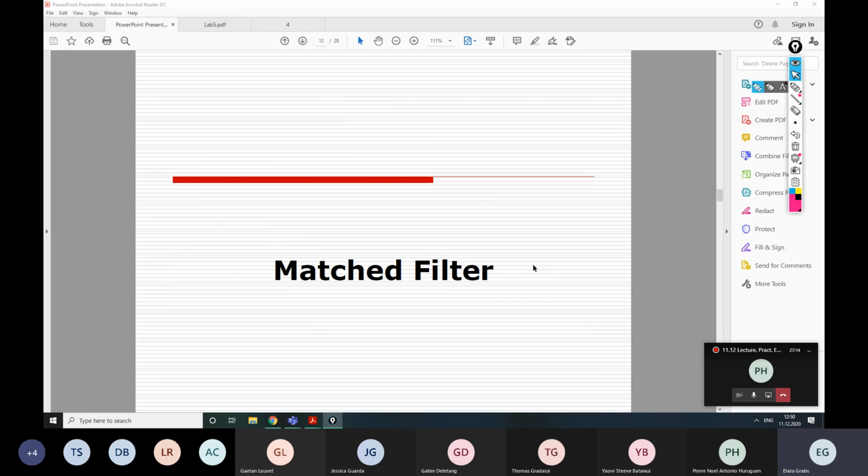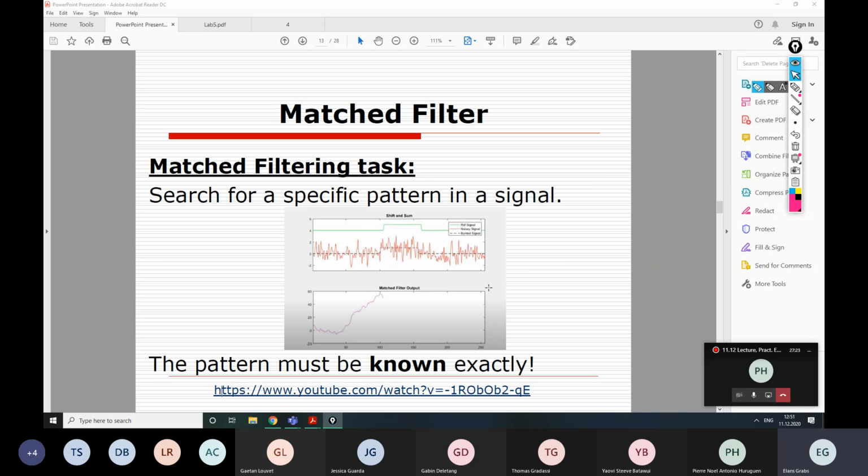Now let us talk more about what exactly a matched filter is, why we need it, and how it can help us to receive a signal in noise. So the idea of the matched filter is, as I have said, to search for some specific pattern in a signal. And even more, the signal itself can be noisy.